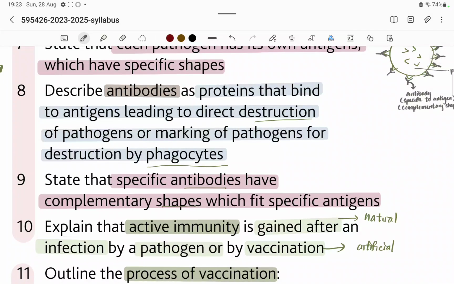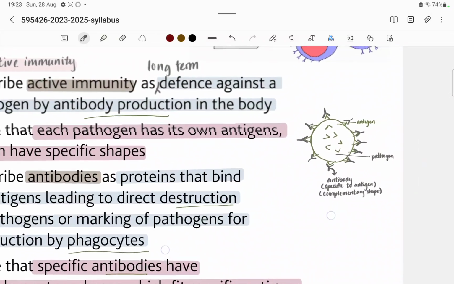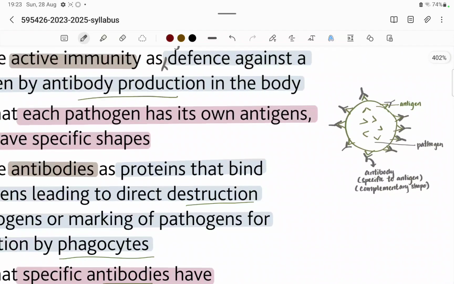Antibodies, the definition: protein that binds to antigens, leading to direct destruction of pathogens or marking of pathogens for destruction by phagocytes. This one is the labeling one. This one is the pathogen, and the antigens are over here, and then the antibody will be produced and attach to the antigen.